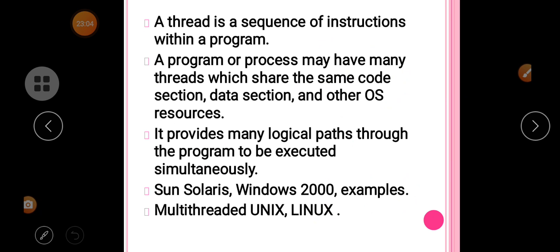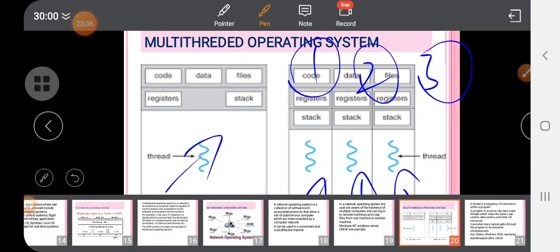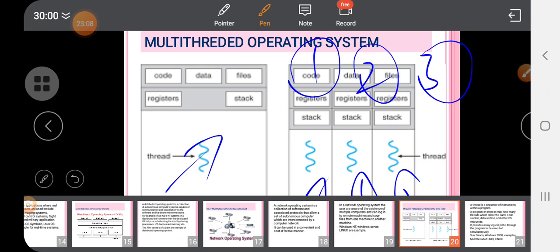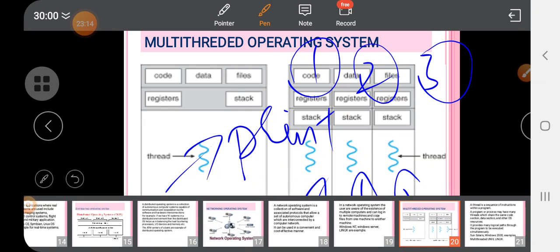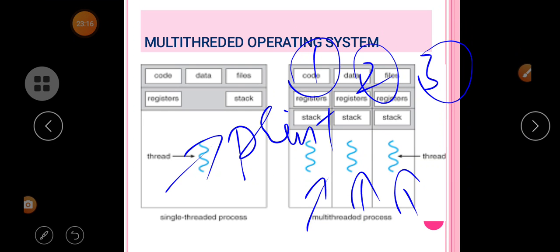So a thread is a sequence of instructions. For example, to print some paper, this is thread 1, where I give print 100 pages. Here I give another instruction, 1000 prints, and here again 2000 prints.